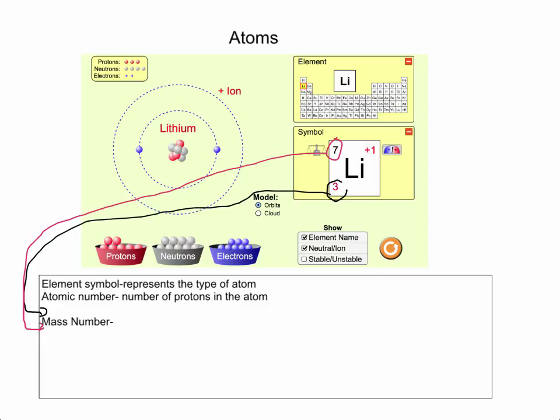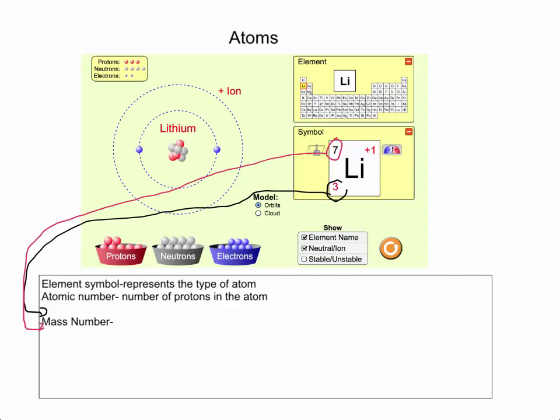Now you may notice that, well, what about the electrons? Don't they have mass? Well, they do have mass, but electrons are actually 10,000 times lighter than protons and neutrons. And so, because they are just so tiny compared to the protons and neutrons, we don't include their mass in the mass number.